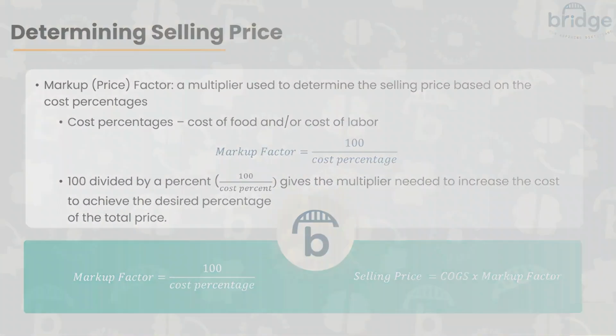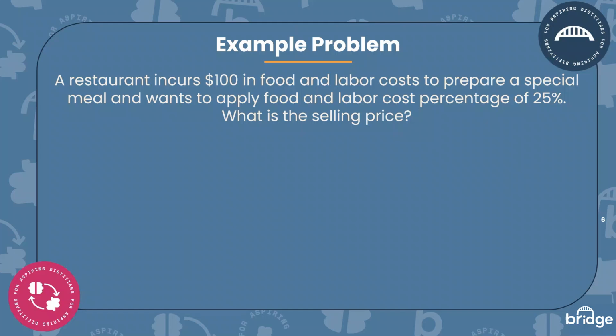Okay, are you ready? Let's try an example. In this problem, we're told that a restaurant spends $100 in food and labor cost to prepare a special meal. They want to apply a food and labor cost percentage of 25% and determine the selling price. So how do we figure out the price that they should charge? Well, remember those two equations. We'll need to calculate our markup factor in order to determine our selling price.